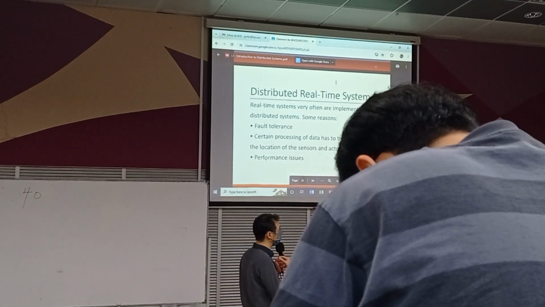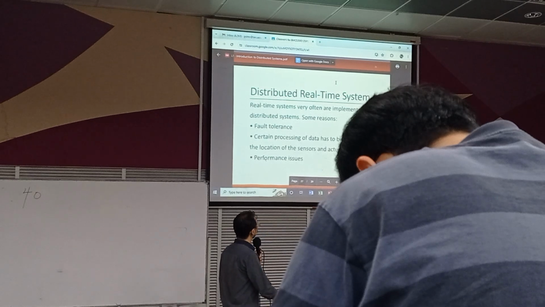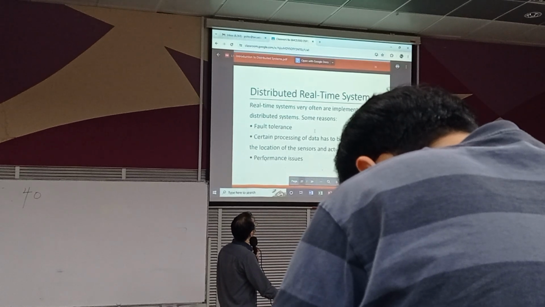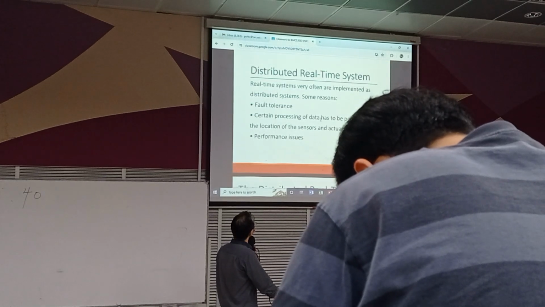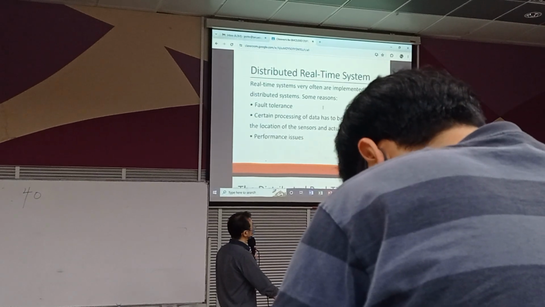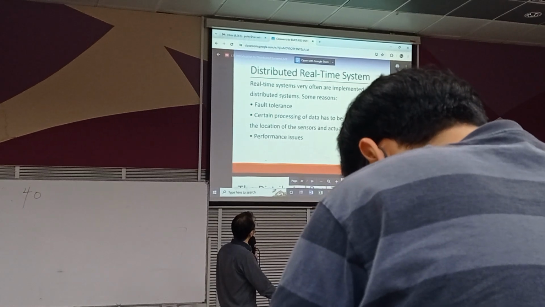That means I withdraw 1,000, and my brother is not able to withdraw 1,000 at the same time. So this information needs to be passed along in a distributed manner. It needs to be done in real time. And of course you have to manage this properly in order to make it successful.